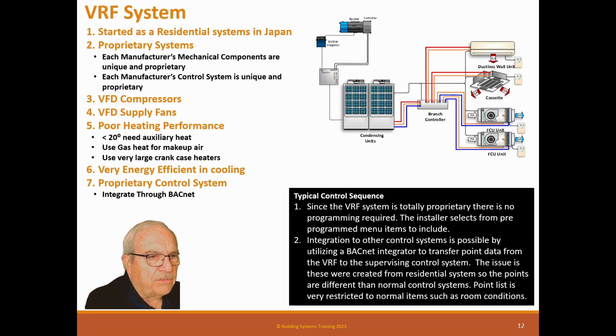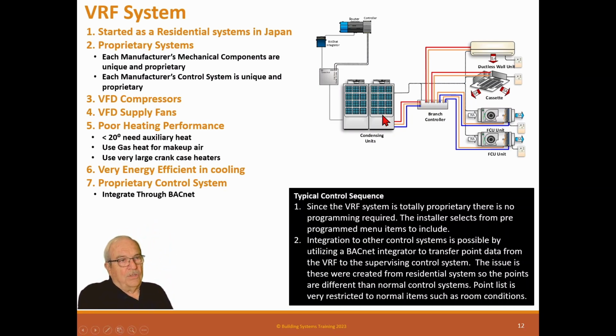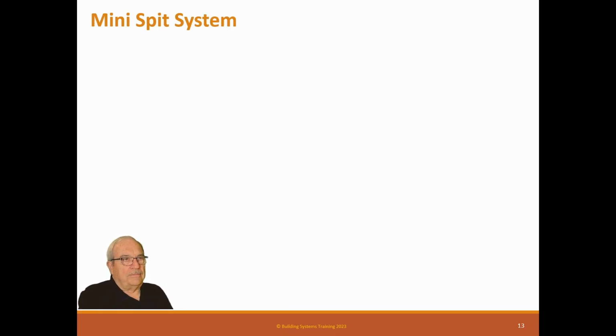The point list is very restricted to normal items such as room conditions. It's hard to explain, but the room set points were all about a residential environment condition, and instead of just changing temperature, you went to different environmental conditions, which didn't work in our commercial world very well.